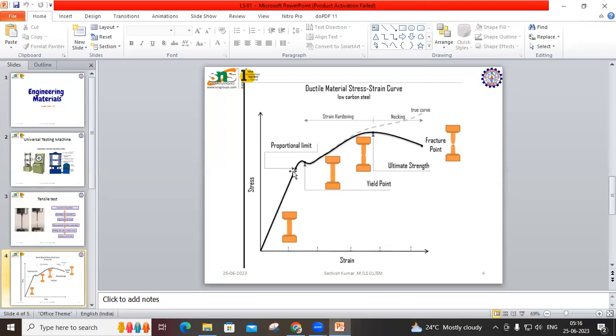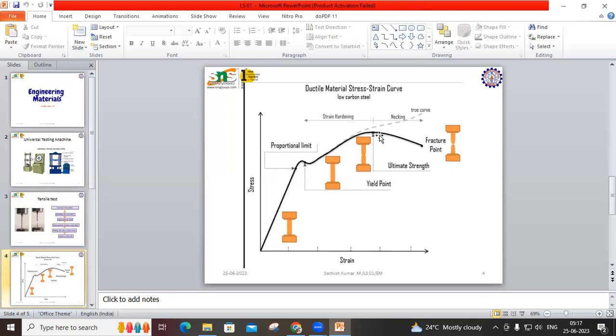After the proportional limit, there comes an upper yield point and a lower yield point, where the material starts yielding to the load. Then there comes strain hardening, where the material experiences immense load to fracture. Then we reach the point where the specimen can hold the maximum strength, called the ultimate tensile strength.